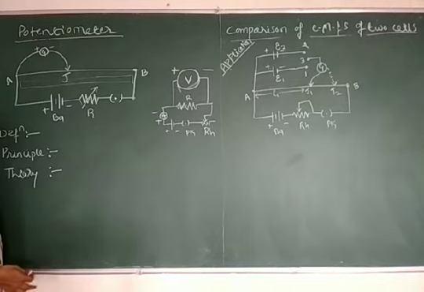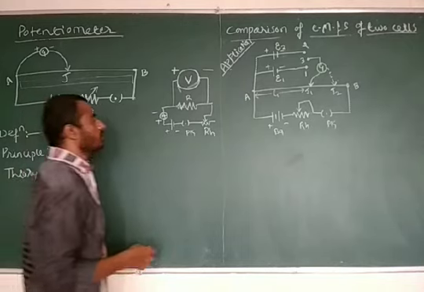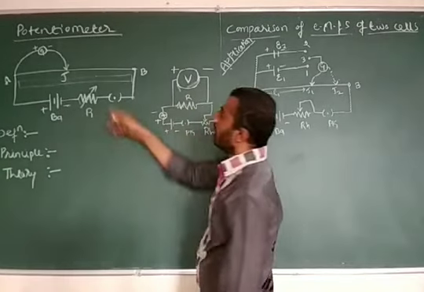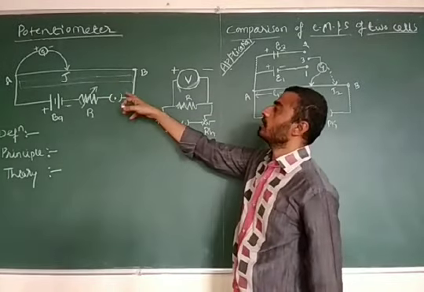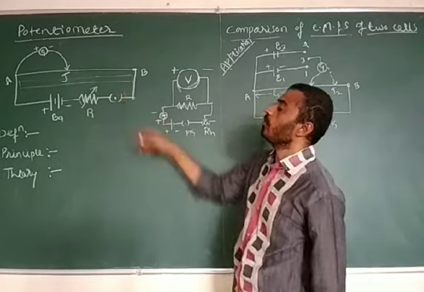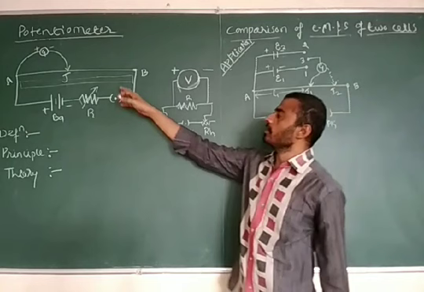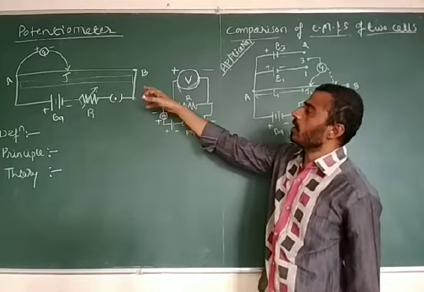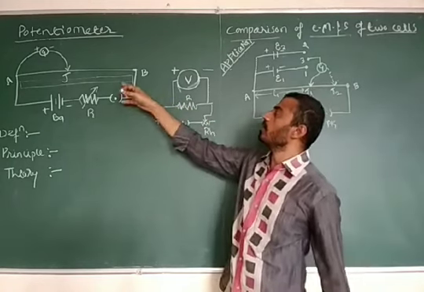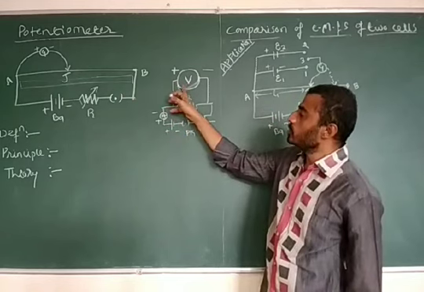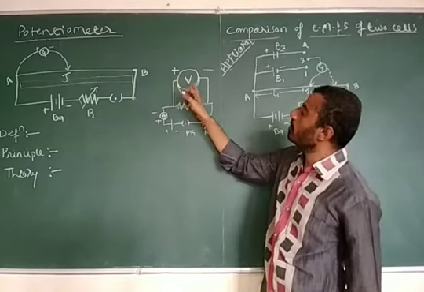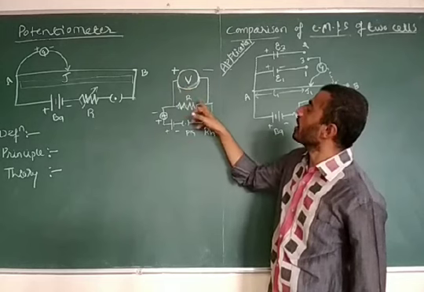What this instrument does: I told you, it is used to measure the unknown EMF or the potential difference between two points in an electrical circuit. This is nothing but the potentiometer. What it does, the same can be done by the voltmeter. That's why I have drawn one more diagram in parallel.